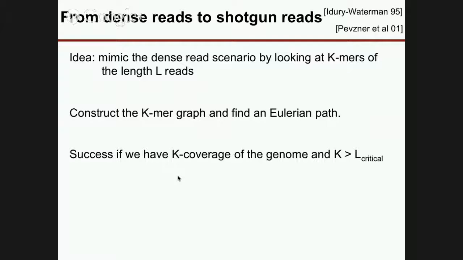And think of that as a new problem where the reads become k-mers, which are length K subsequences. So you think of these guys as your reads. Okay? And then you apply exactly what we did earlier, which is to construct the graph. And now each node of the graph is coming from the k-mers. And K is a number which is less than L. And then you find the Eulerian path.